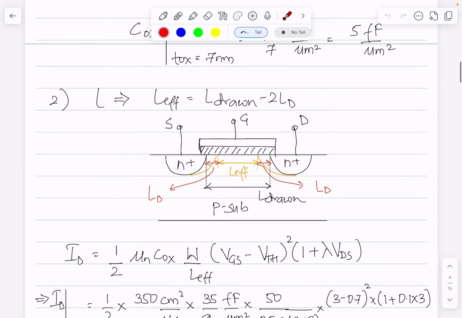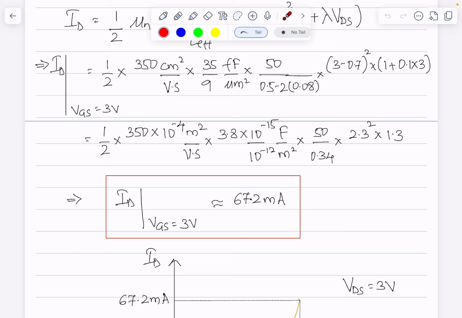again 3 volts. Now I simplify the units and bring it to one standard unit. So half 350, I convert centimeter square to meter square. 1 centimeter is 10 to the power minus 2 meters, so since we have a square, we get 10 to the power minus 4 meter square per volt second.